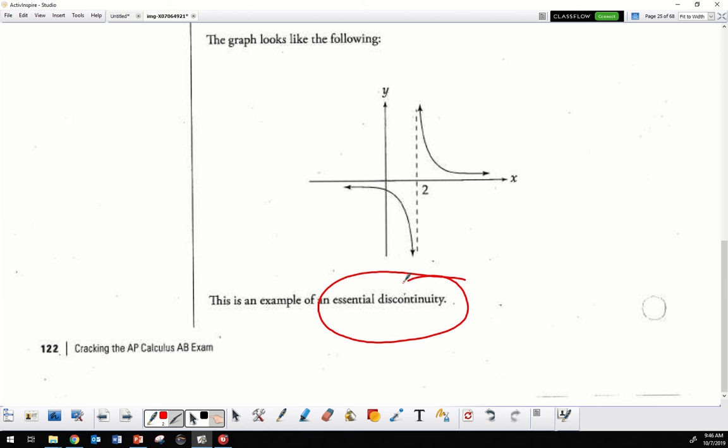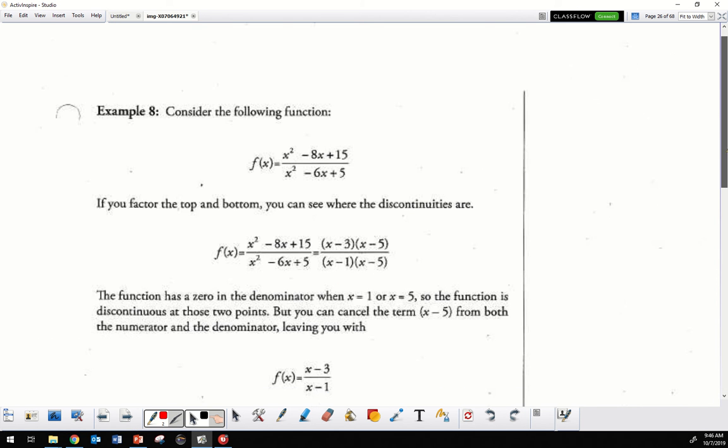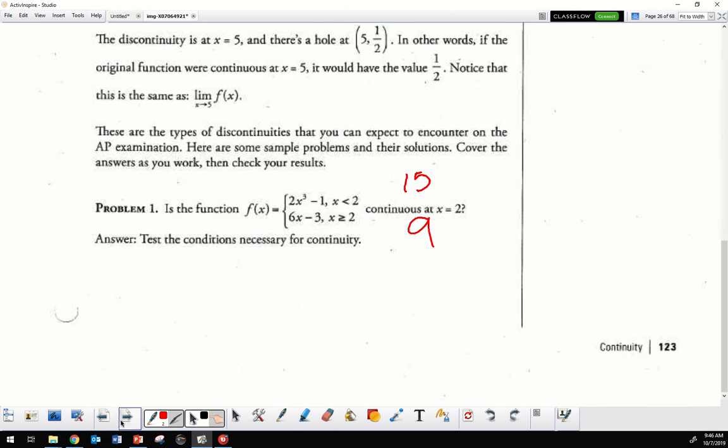So we have 3 types. Removable gives me a hole. Then there is the essential, which is an asymptote, and then there's a jump. So there are our 3 types of discontinuities. All right, so there we go.